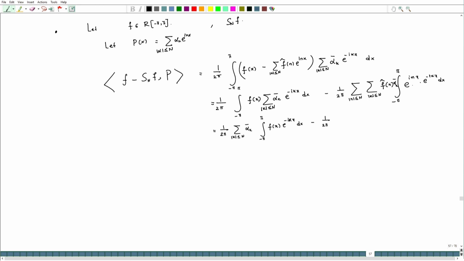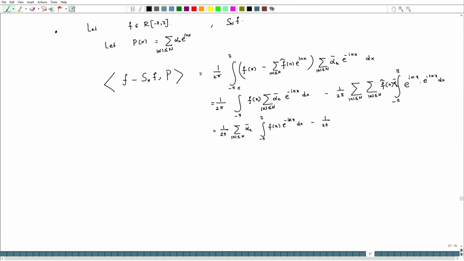If n is not equal to k, by orthogonality this is going to be equal to 0. So out of these two sums, this integral survives only when k is equal to n. When k is equal to n, this becomes 1, the integral from minus pi to pi is 2 pi, so the 1 by 2 pi gets cancelled.